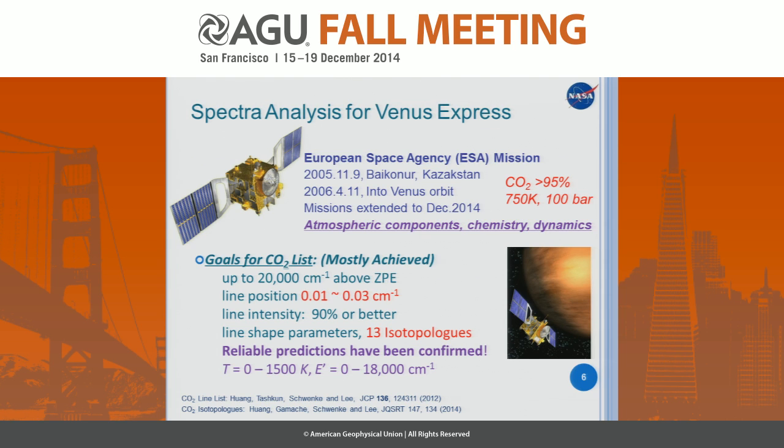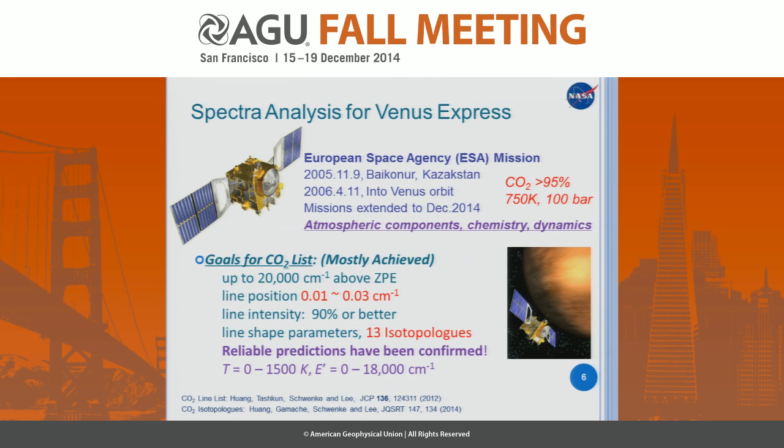Our carbon dioxide project was funded through the Venus Express supporting investigator program. The Venus Express mission includes the studies of its atmospheric components, chemistry, and dynamics, where carbon dioxide constitutes more than 95% at 750 K and 100 bar. Most of the goals for the carbon dioxide project have been achieved.